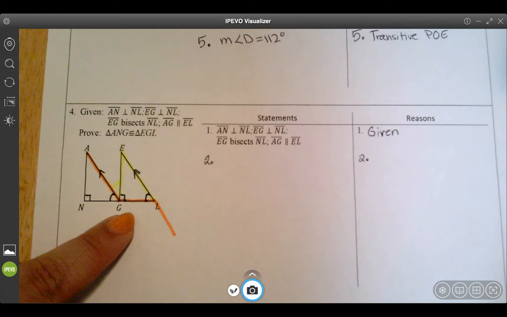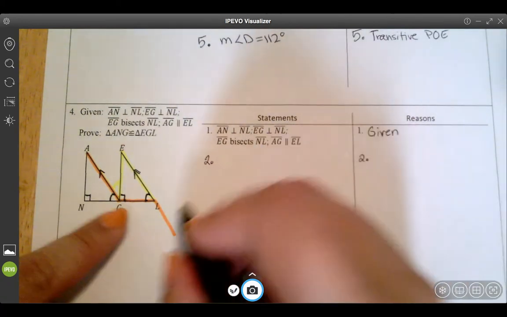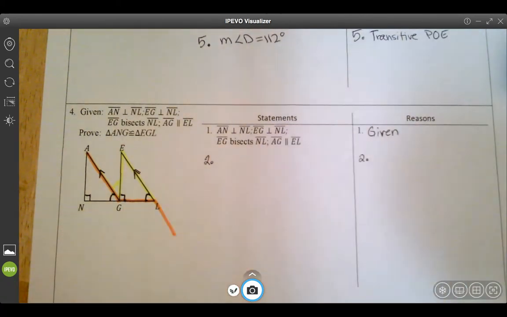We did some practice with this last class, but it does take some practice to know how to decide which angles to use when I have parallel lines. And the answer is the ones that have some use. I know it seems kind of like, why did I choose those 2 angles? And it's because they're both inside the 2 triangles that I want to be congruent.